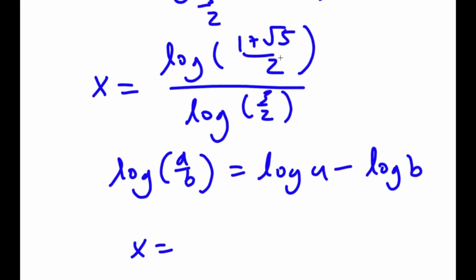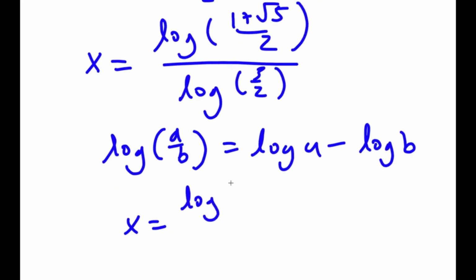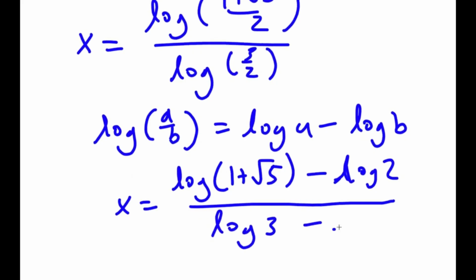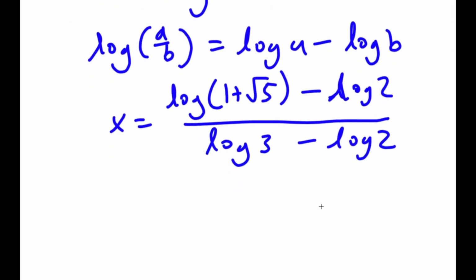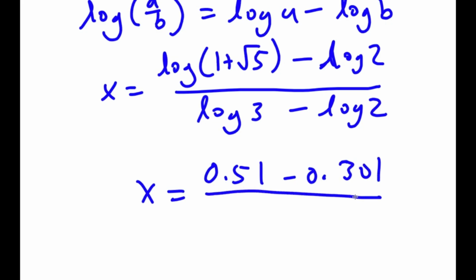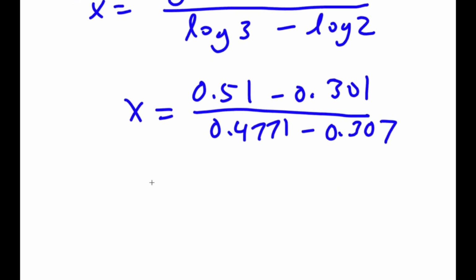Meaning log of (1 + √5)/2 is going to equal log(1 + √5) minus log 2, and log(3/2) is going to equal log 3 minus log 2. Now this is equal to 0.51 minus 0.301 divided by 0.4771 minus 0.307. And if you simplify this, you get x is equal to 1.868.